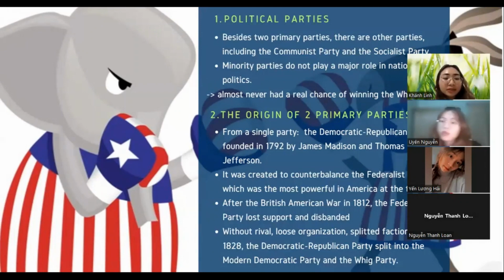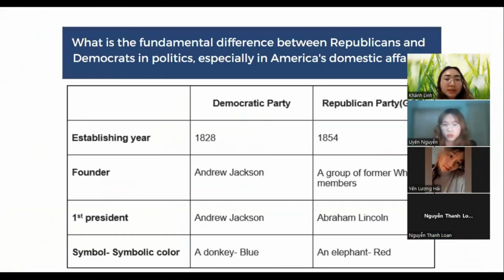And by 1828, the Democratic Republican Party split into the modern Democratic Party and another political party, the Whig Party. So, what is the difference between Republicans and Democrats in politics?